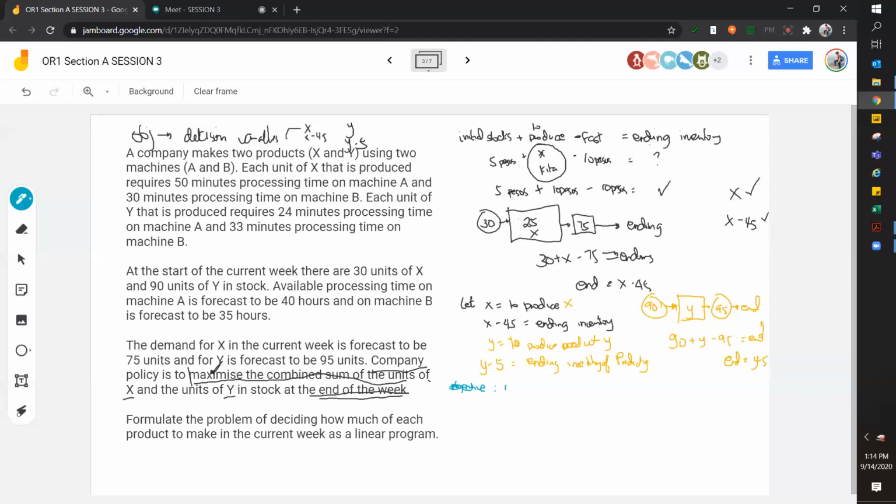Wala? Okay, so ang ating objective once again is maximum Z. Anong pinag-usapan natin dito? Combined sum of units at the end of the week. So anong ating ima-maximize? Anyone? Again, using itong decision variables natin.